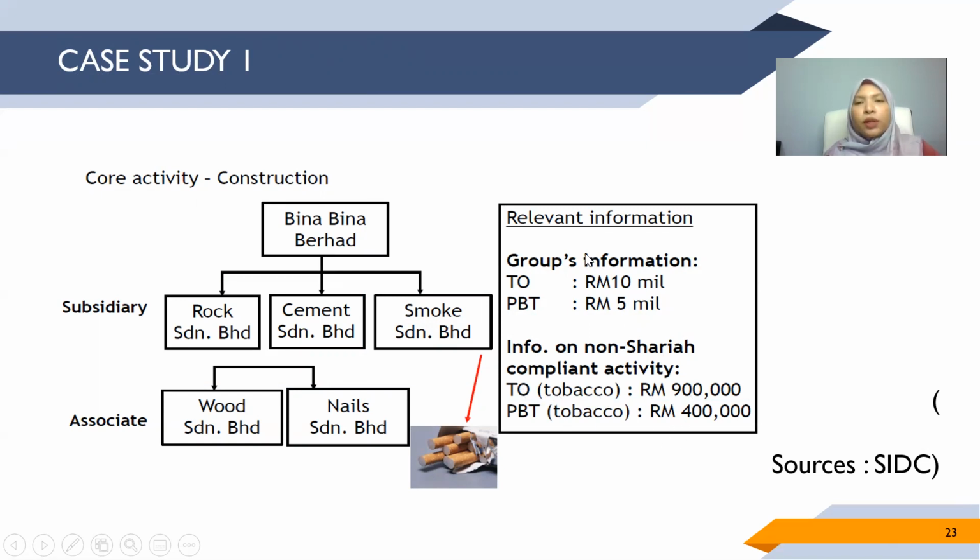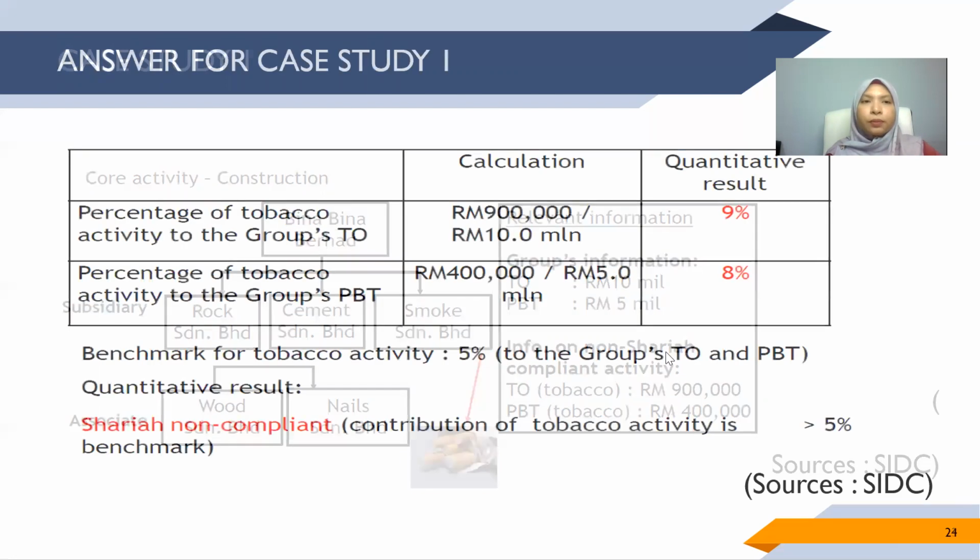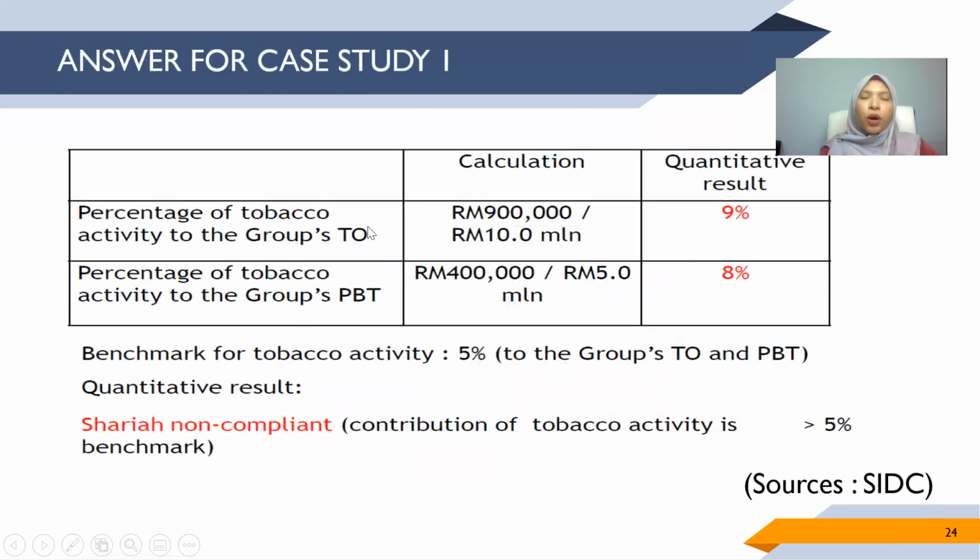Okay, so you have to divide. Based on this, you have to divide tobacco by the group TO, and then you have a 9% result, and the percentage of tobacco to the group PBT is 8%. So both of these are more than 5%. So when it is more than 5%, it is considered Shariah non-compliant activities.